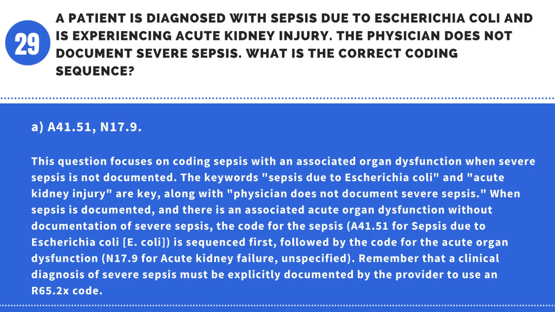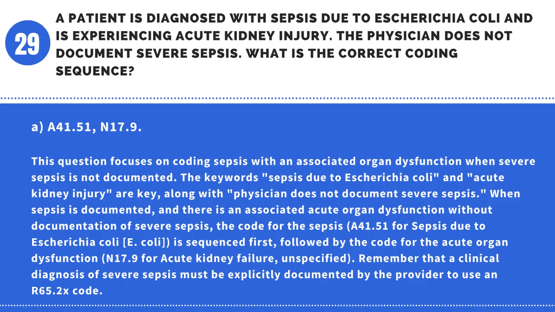This question focuses on coding sepsis with an associated organ dysfunction when severe sepsis is not documented. The keywords sepsis due to Escherichia coli and acute kidney injury are key, along with physician does not document severe sepsis.